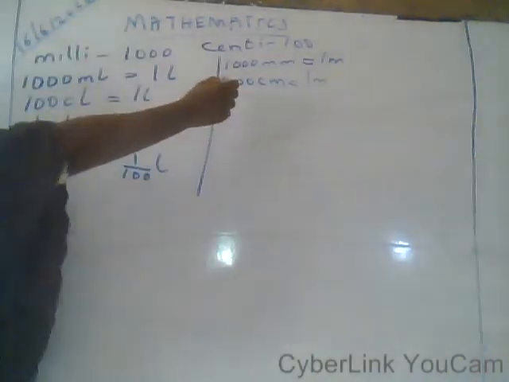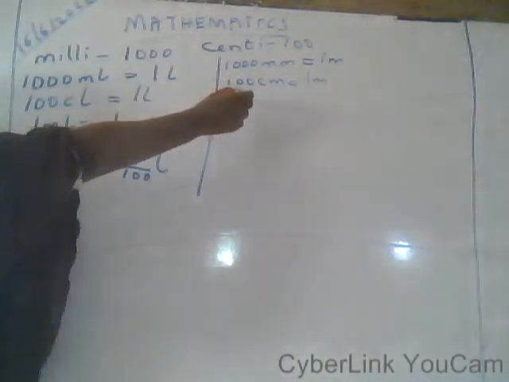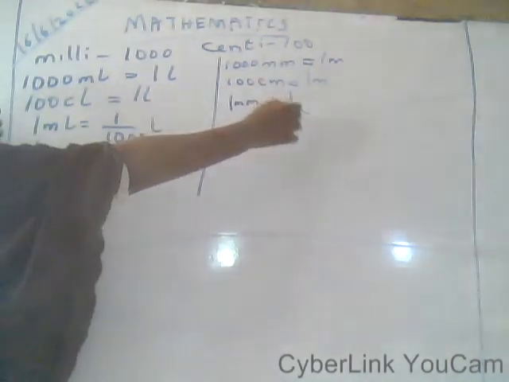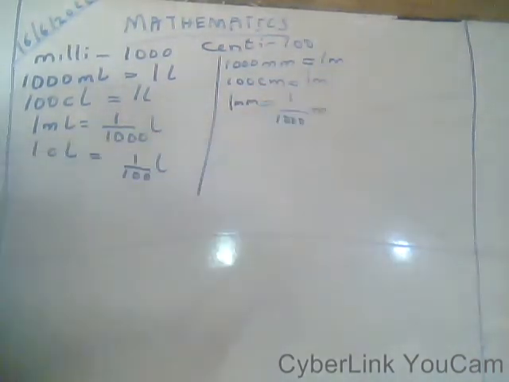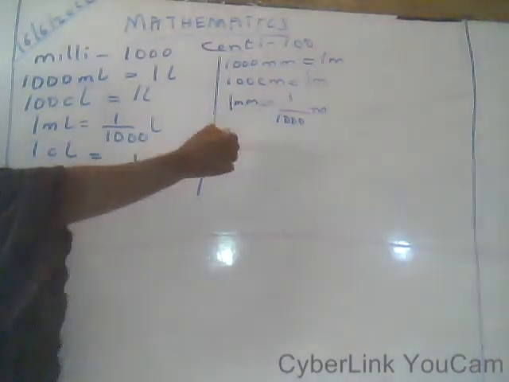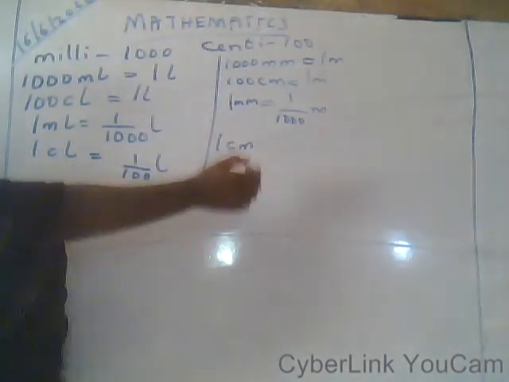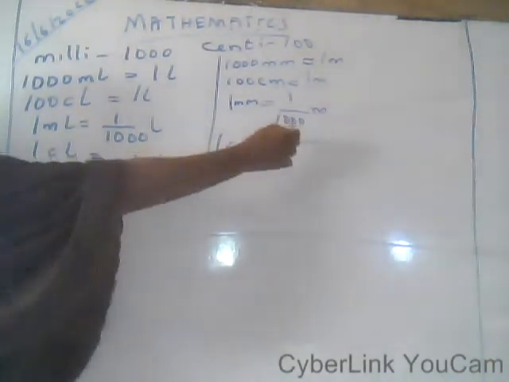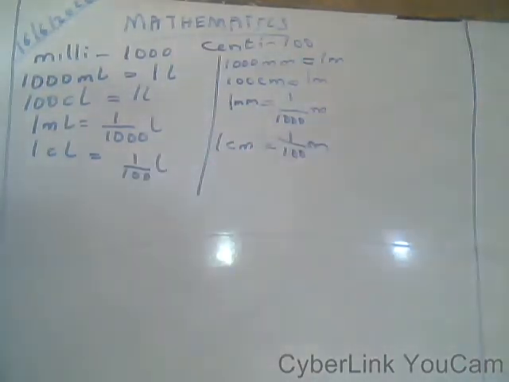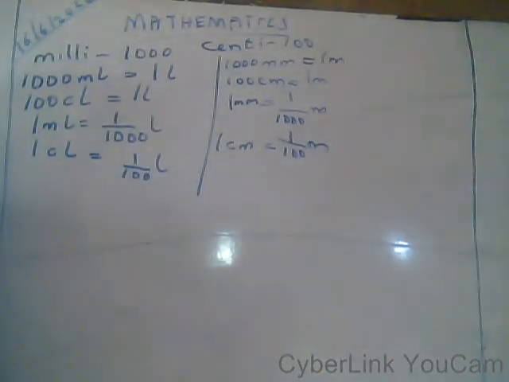If we have 1 millimeter, it will give us 1/1000 meter. Now, if we also have 1 centimeter, 1 centimeter will give us 1/100 meter.